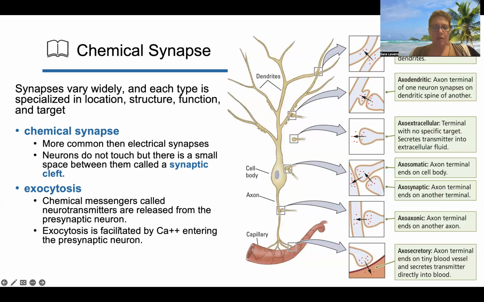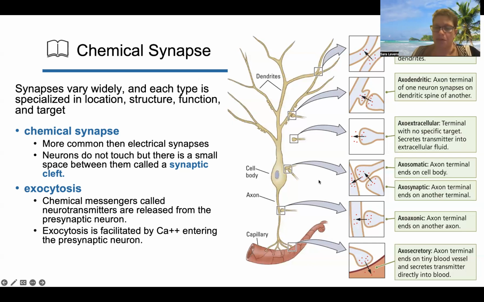These chemical messenger neurotransmitters are released to the postsynaptic neuron, and this exocytosis is facilitated by calcium entering the presynaptic neuron, which signals the release of the neurotransmitters.